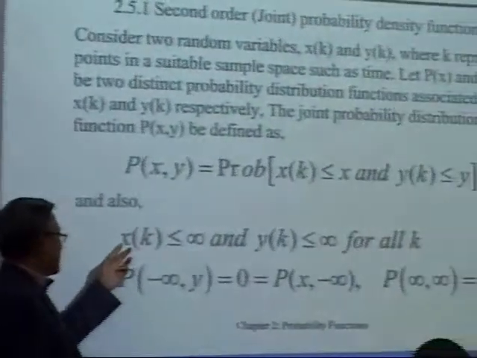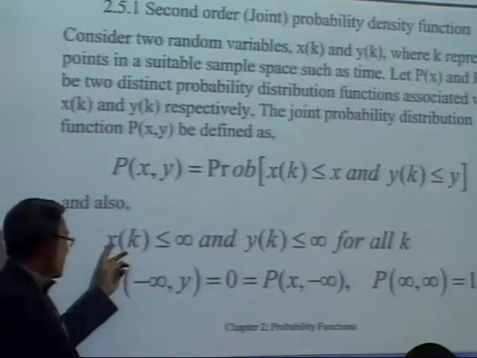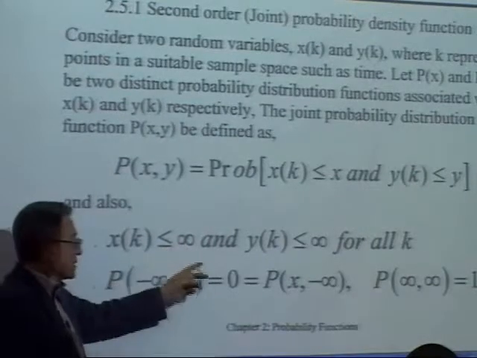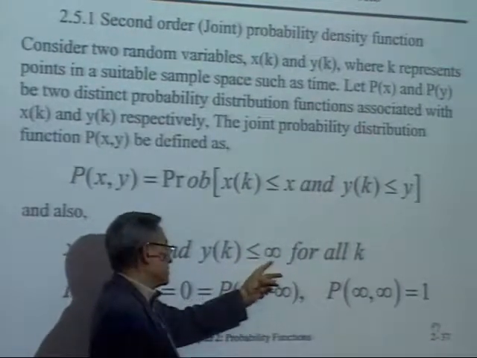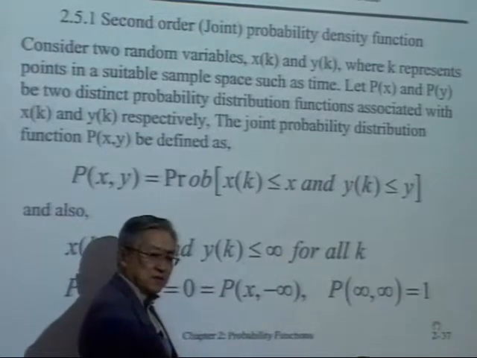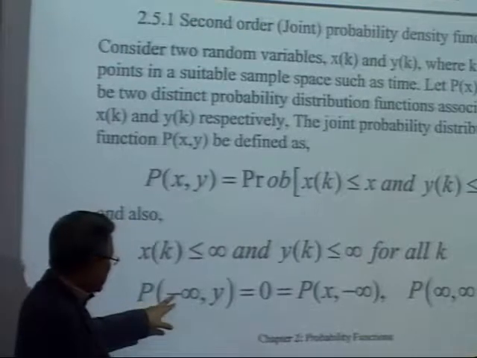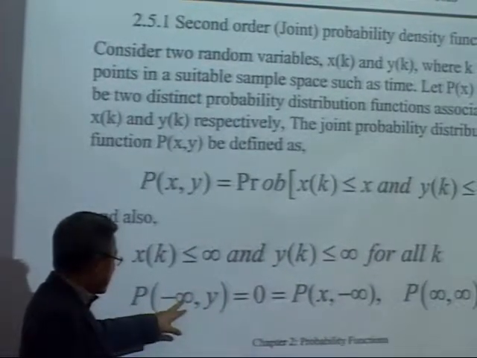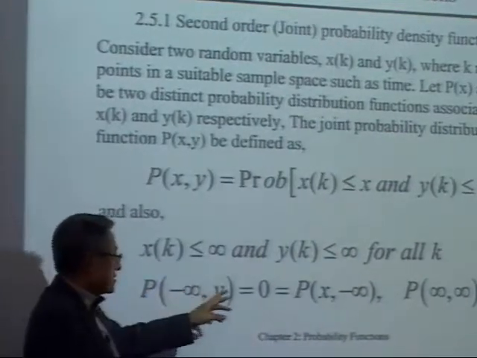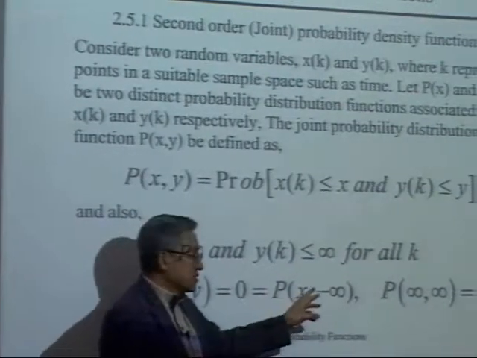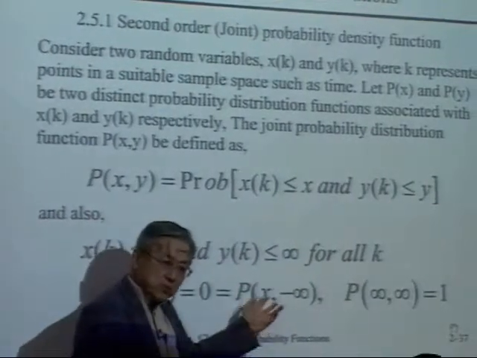So the range: x has to be less than or equal to infinity, and y is less than or equal to infinity, for all events. Now consider the probability distribution function where x is minus infinity and y is any random variable, or you can set y as minus infinity and x is any random variable, any place.